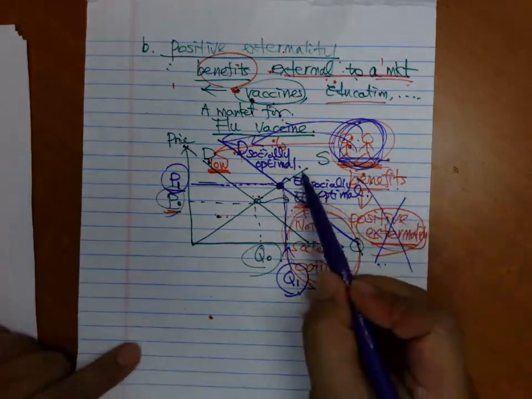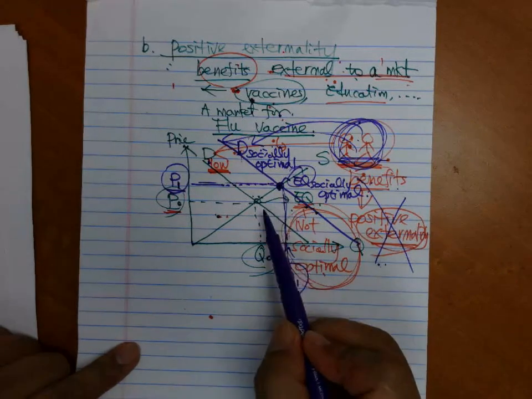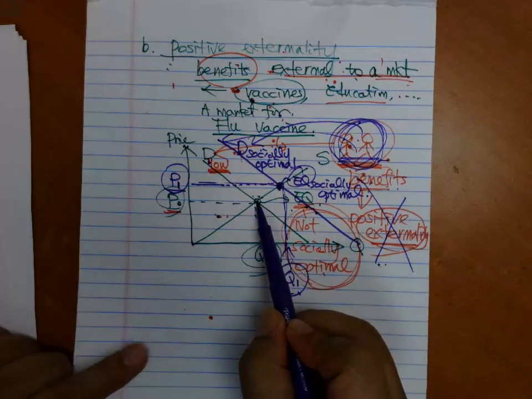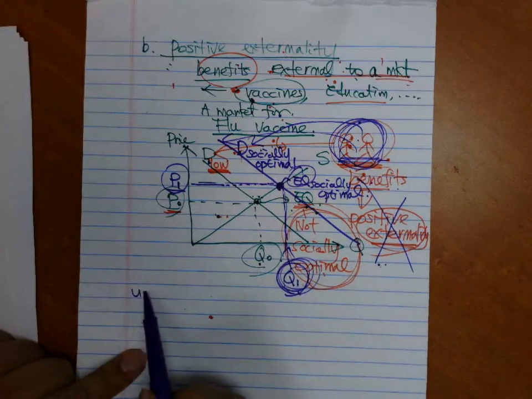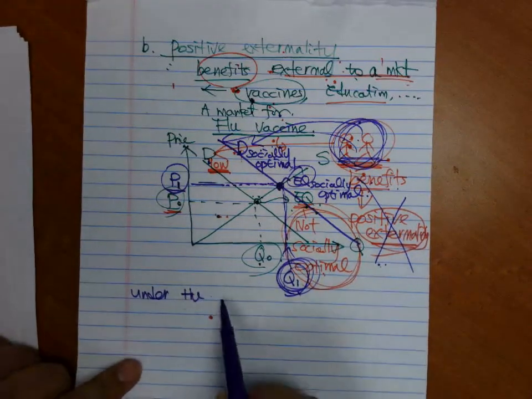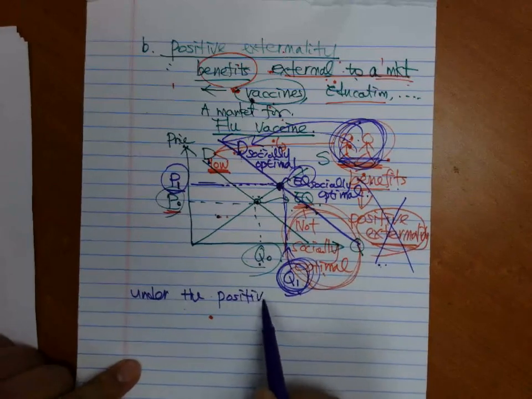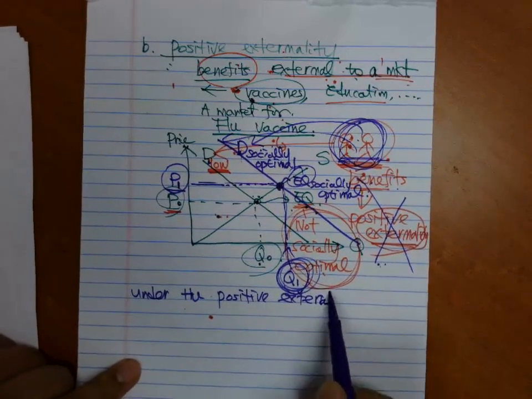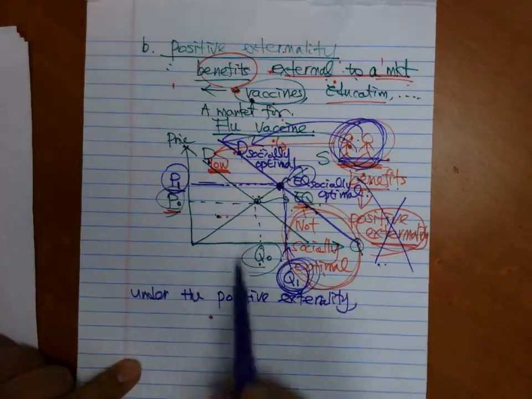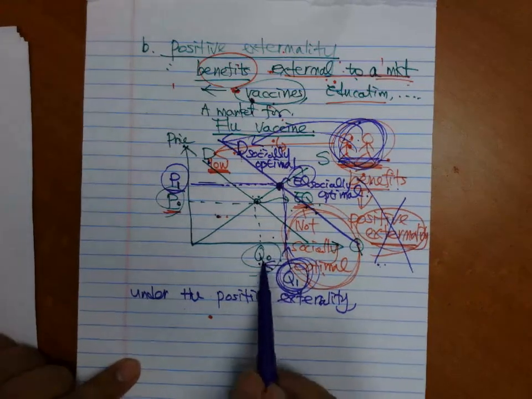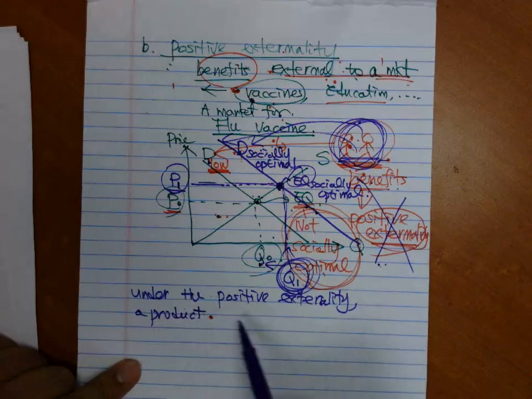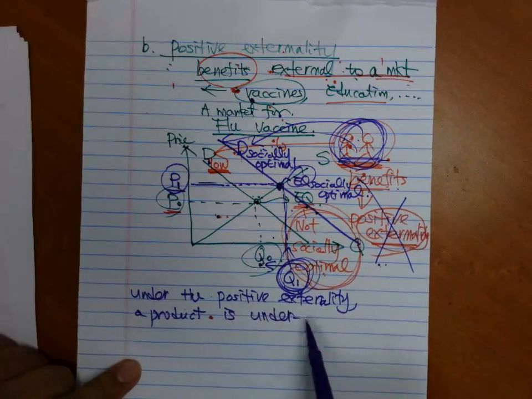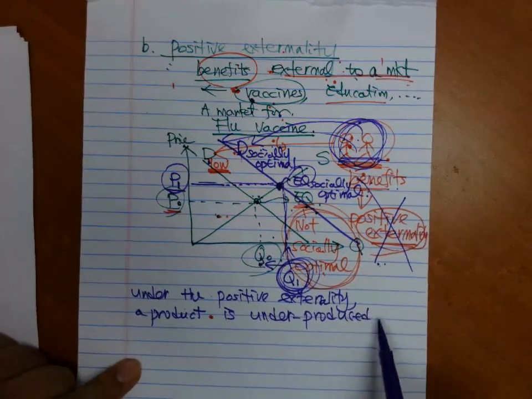Okay, product in this case, vaccine, is underproduced. That means too few resources are used for this vaccine. So this is not socially optimal. Market fails to utilize resources efficiently if there are positive externalities.